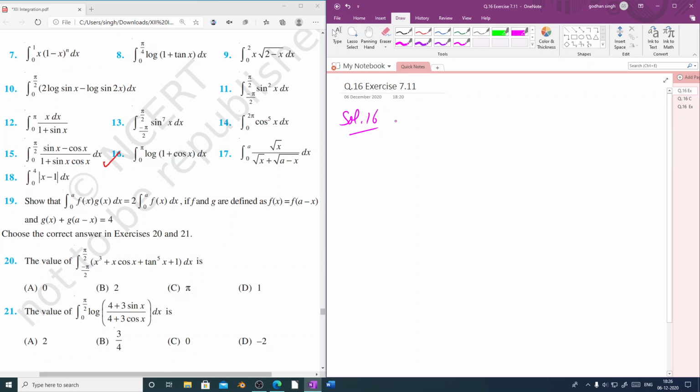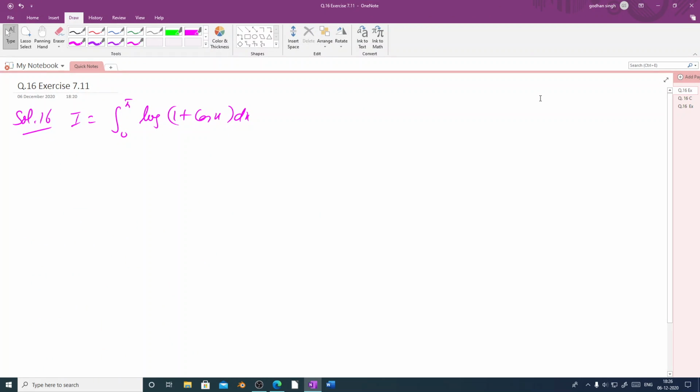Solution 16: I equals the integral from 0 to pi of log(1 plus cos x) dx. So it's a question with a lot of computation. Suppose this is equation 1.